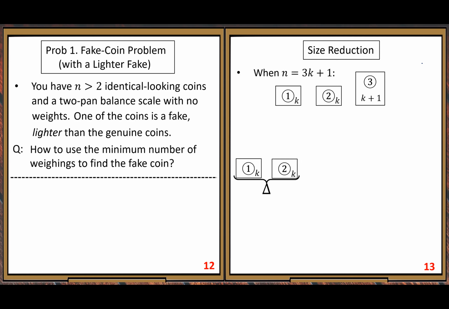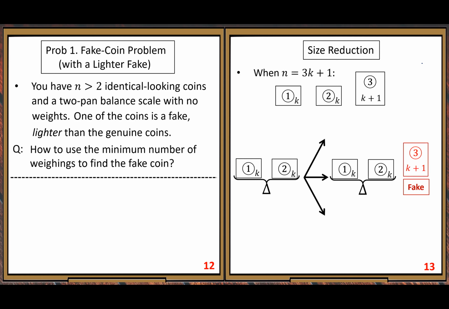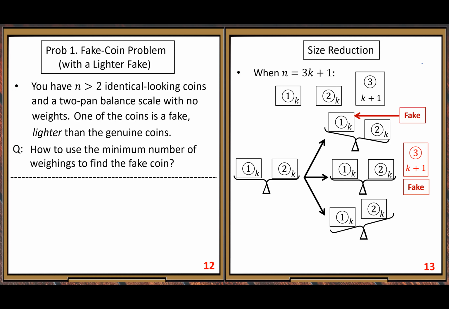So group 1, group 2, and the fake in group 3. Then for the size reduction, we consider the worst case, because we have 2 better cases.